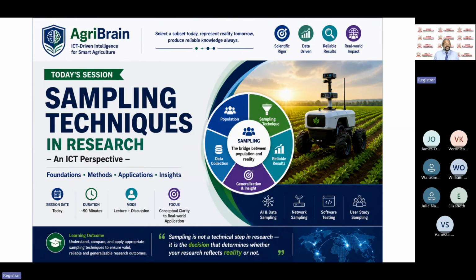So welcome to the session. Today, I expected 60 minutes, but I put it at 90 minutes. We have a lecture and a discussion, so you can discuss with your fellow researchers what you are doing. Today, we are not going into the real mathematical numbers, but we are going for conceptual clarity toward real world application.